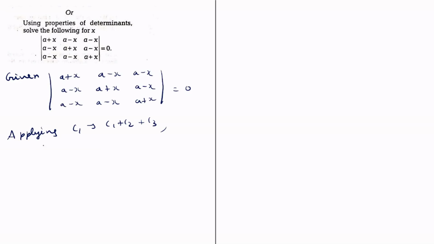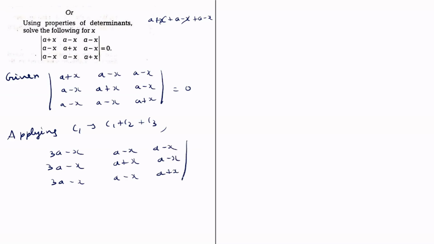So we will get all these becomes A plus x plus A minus x plus A minus x. So we will get 3A minus x.